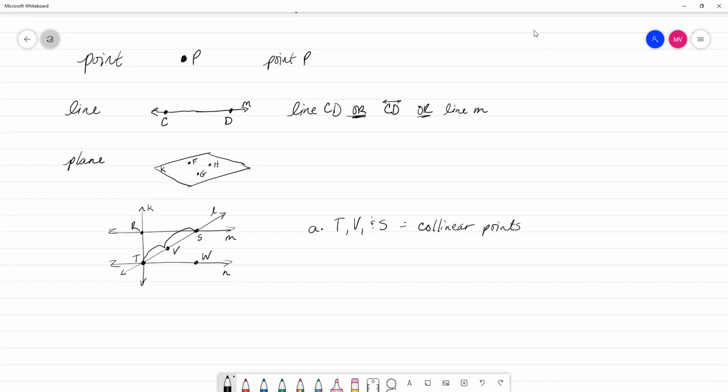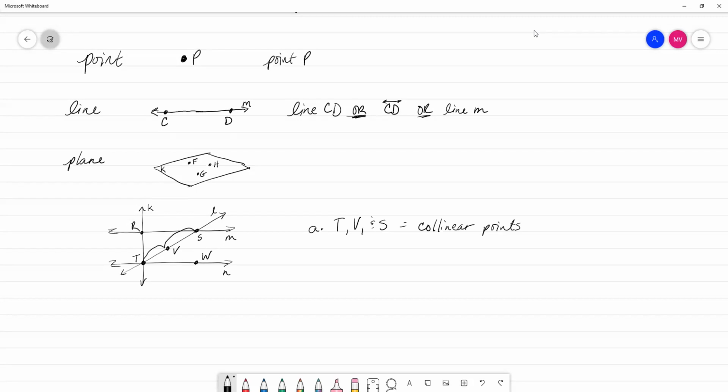Okay, and then we have 3 non-collinear points, because again, you always have sort of an opposite concept to many of these points. Non-collinear points are obviously points that don't lie on the same line.